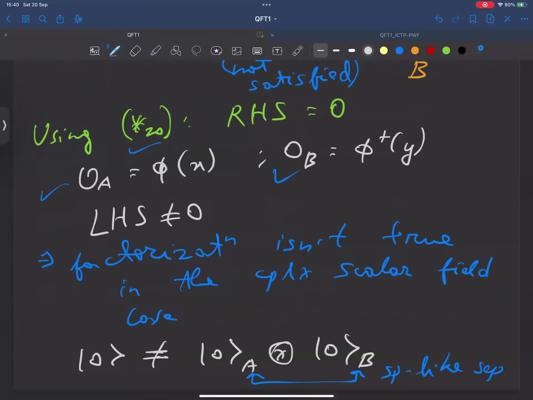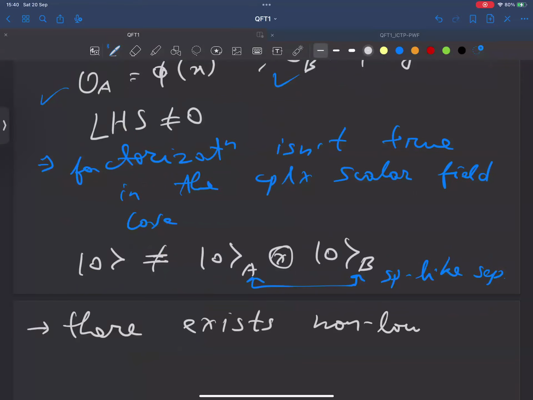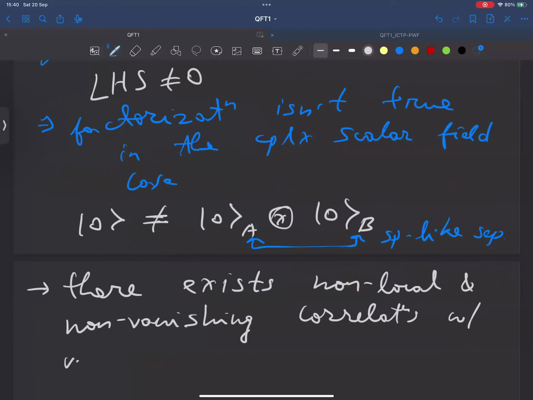This translates to saying that there exist non-local and non-vanishing correlations in the vacuum, and the vacuum is a highly entangled state.